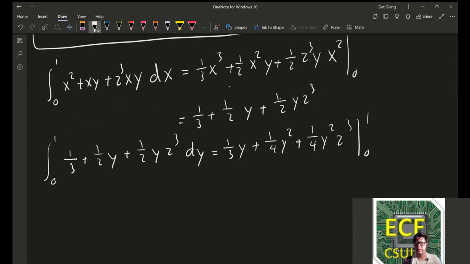Similarly, if we plug in 0, all the terms disappear. If we plug in 1, we get 1/3 plus 1/4 plus 1/4 z cubed. Here we can combine these and we get 7 over 12 plus 1/4 z cubed.